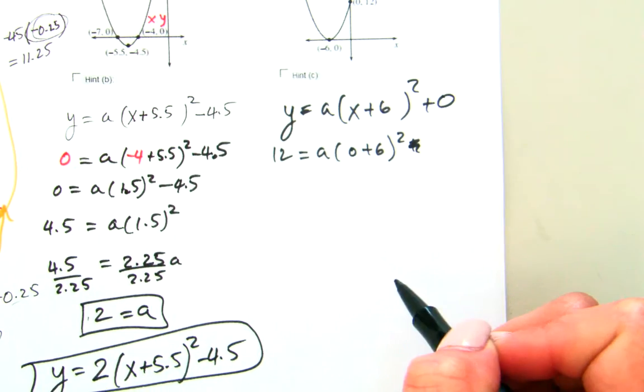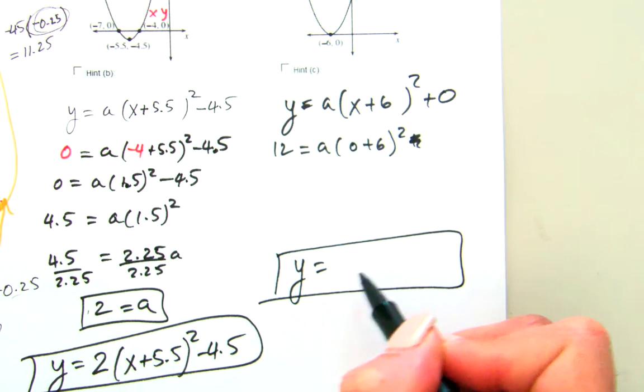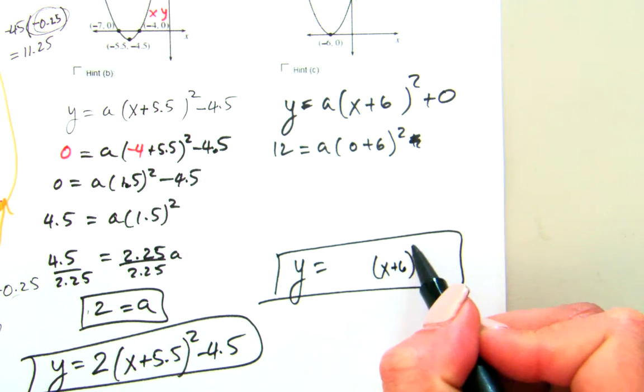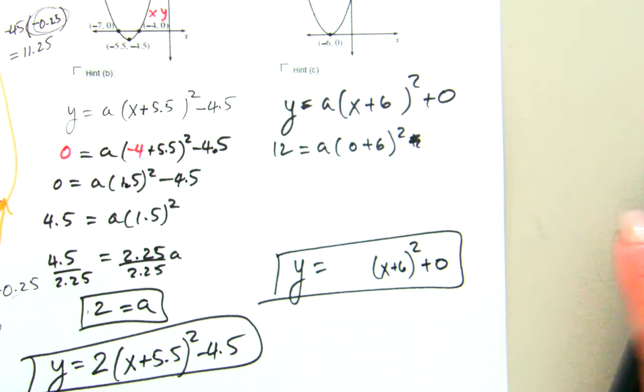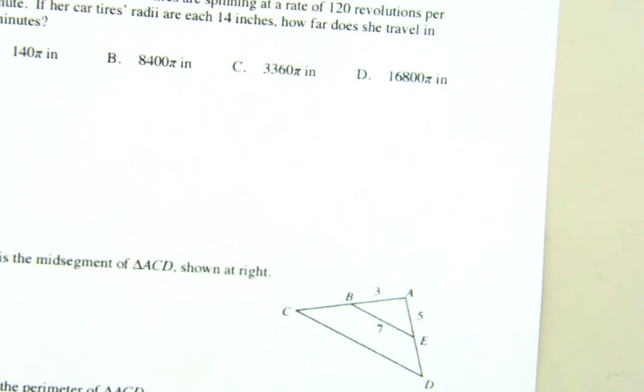So solve for a and then plug it back in. So you should get y equals whatever a is, times (x plus 6) squared plus, I'm just going to leave the plus 0 there. All right, so that's 122. And then lastly, 123. Oh, and 124. Jeez, this long homework assignment.